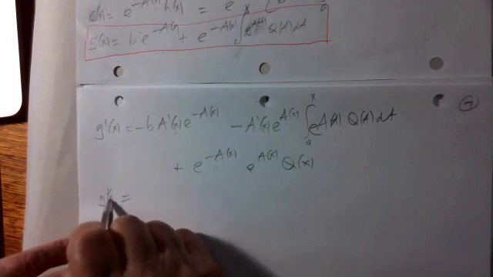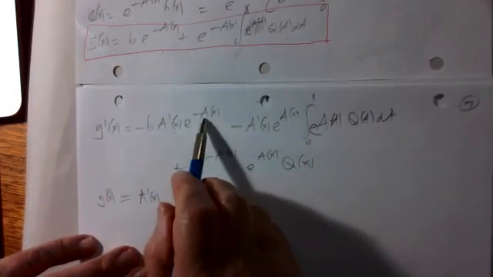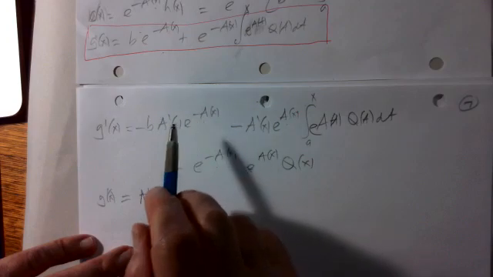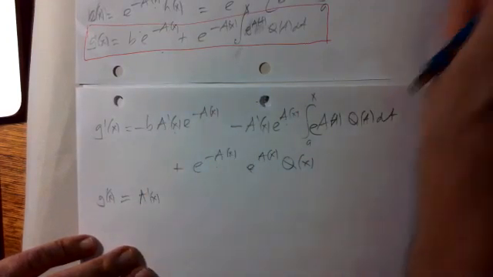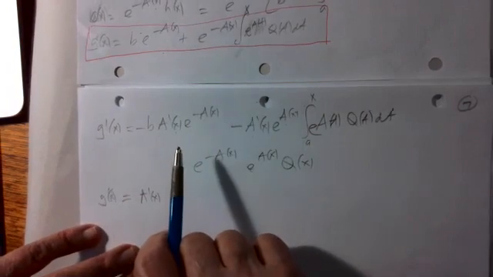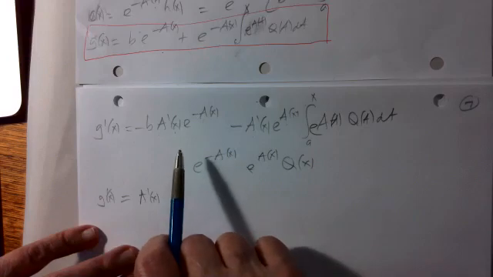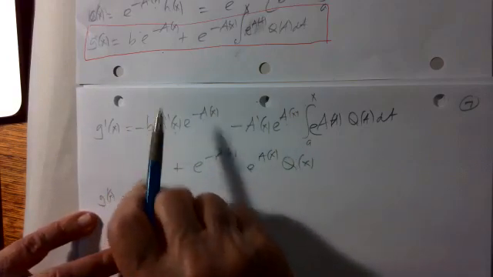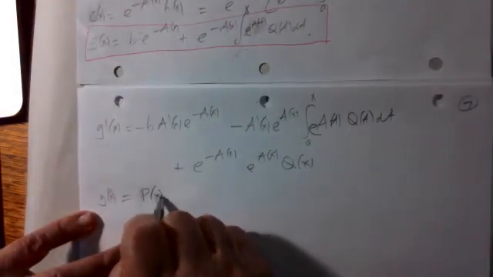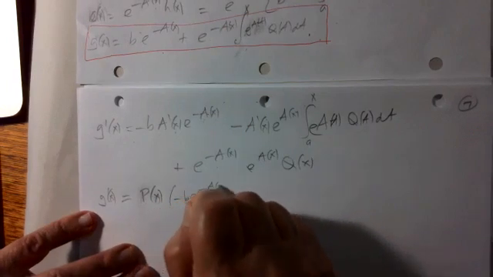So g prime of x is equal to what? This is minus a prime of x times b e to the minus a of x. What is a prime of x? P of x. So this is p of x times minus b e to the minus a of x.